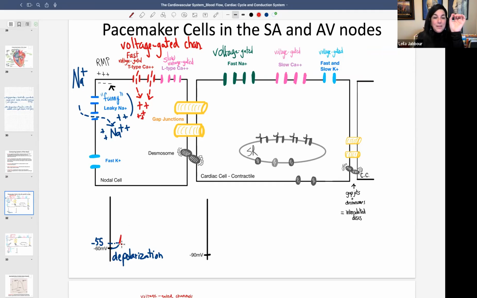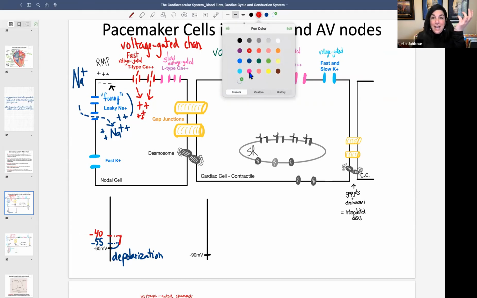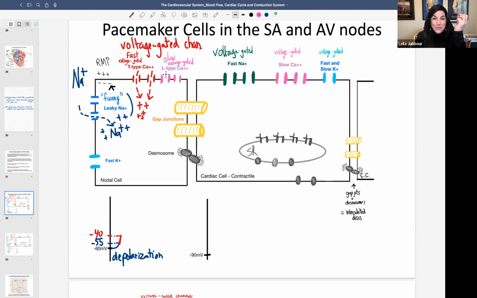Here we go. So they further depolarize the membrane, and now we go from -55 to -40. Here we go. That's the threshold for the actual most important calcium channels. These are a bit slower, but voltage sensitive because we're changing the voltage at the membrane.